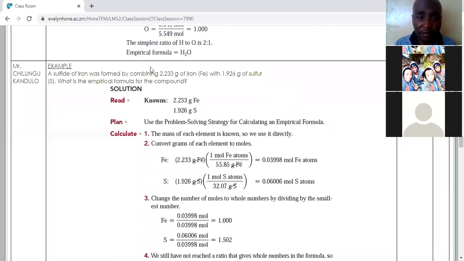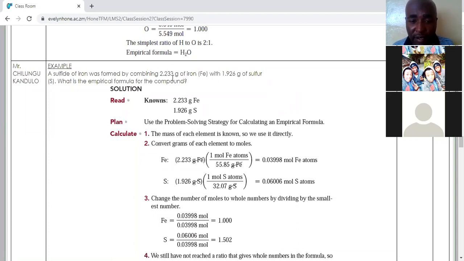So now for this one, 2.233 grams iron, 1.926 grams sulfur. There's nothing like assuming them to be grams. We've already been given grams. So for these ones, you go direct to find the moles.